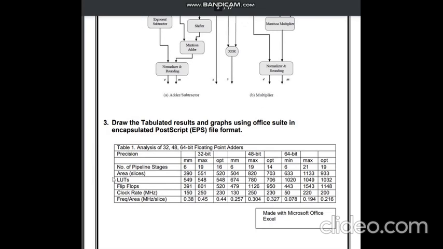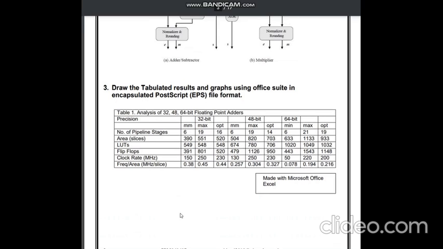We have some parameters so that we can compare them: precision of 32, 48, 64-bit, number of pipeline stages, area, LUTs, flip-flops, clock rate in megahertz, and frequency per area in megahertz per slice.